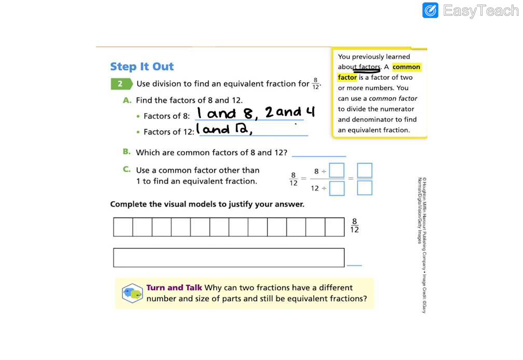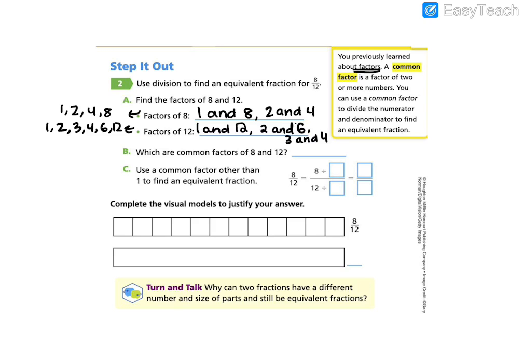Can do 2 and 6, 3 and 4. Okay, again, you could just have them listed out, right? You could have 1, 2, 4, 8, 1, 2, 3, 4, 6, 12 kind of fit.